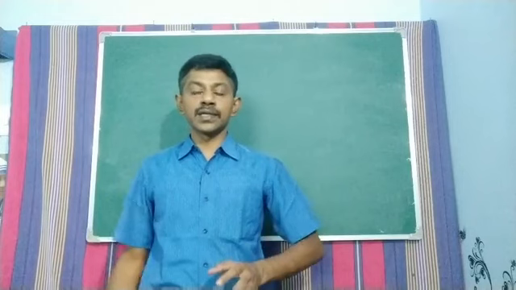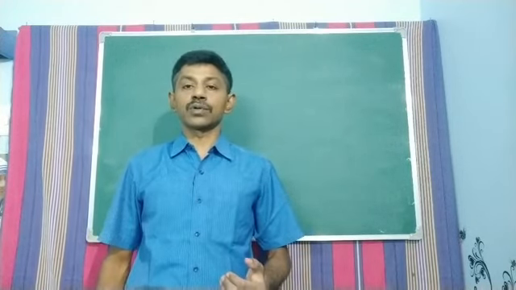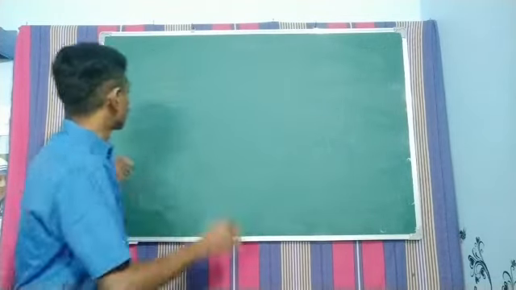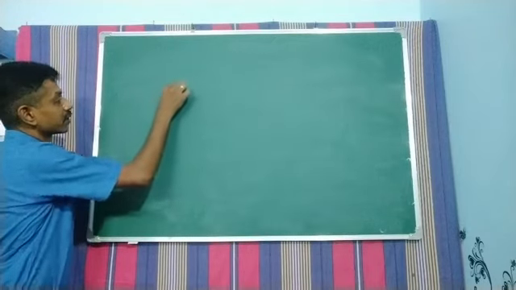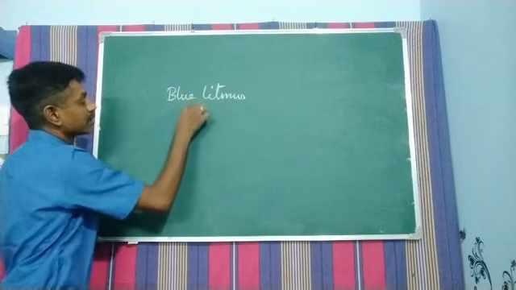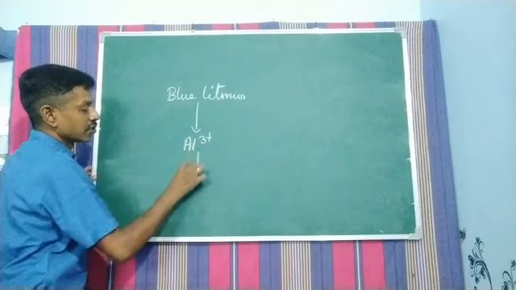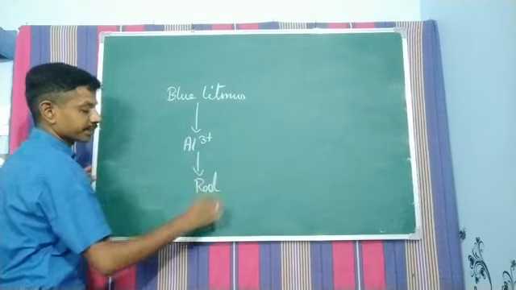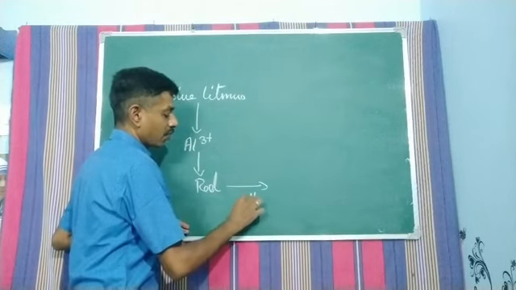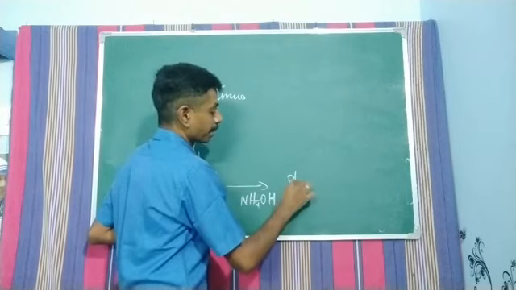Dear students, the next application of adsorption is in qualitative analysis. For example, blue litmus solution, when added to Al3+ ions, changes into red coloration. When you add ammonium hydroxide to this red colored thing, it forms the blue lake.